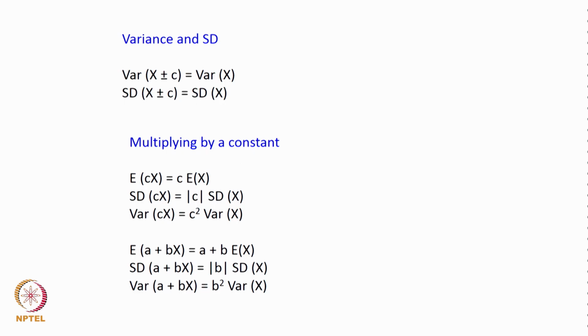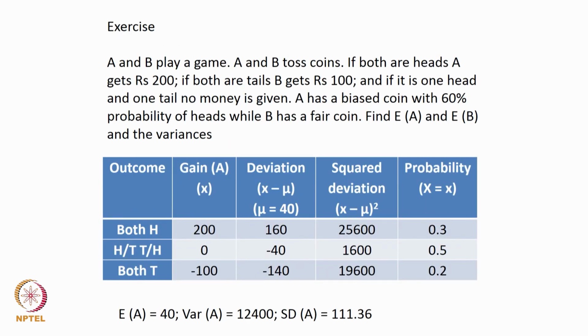We now look at this exercise where A and B play a game. A and B toss coins. If both toss heads, A wins rupees 200.